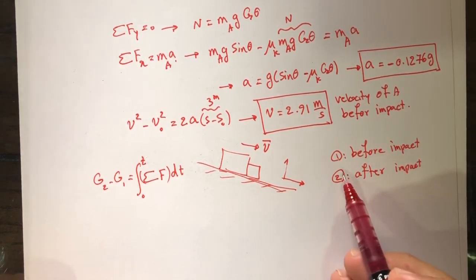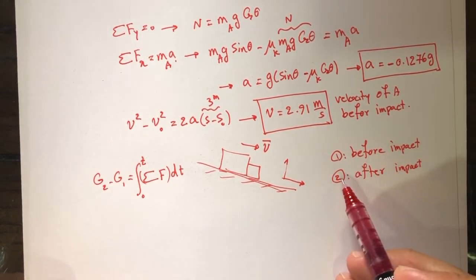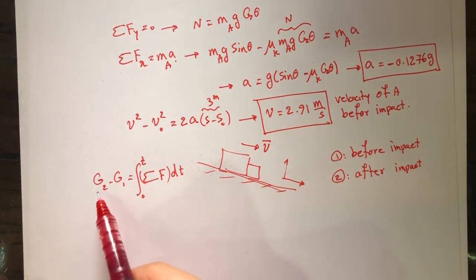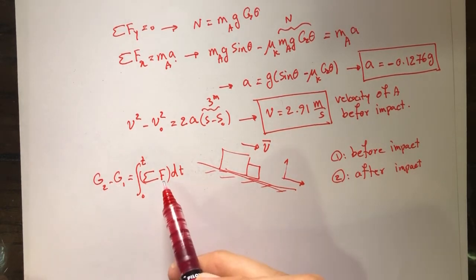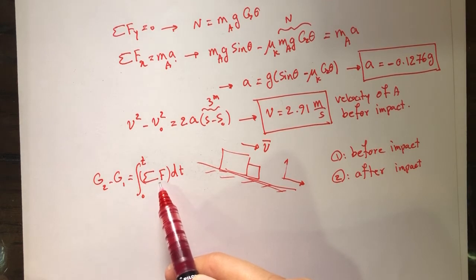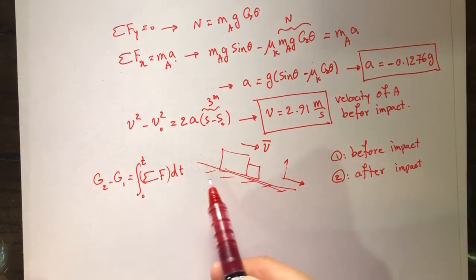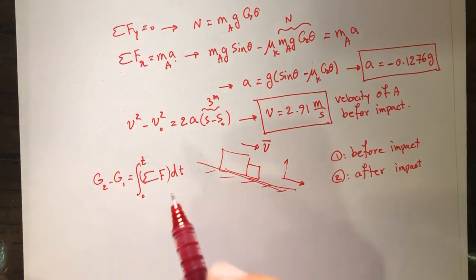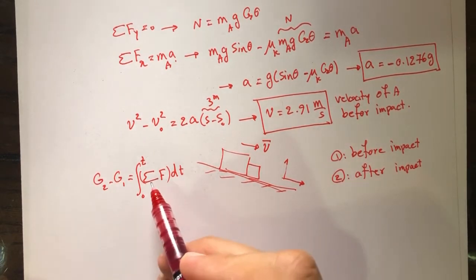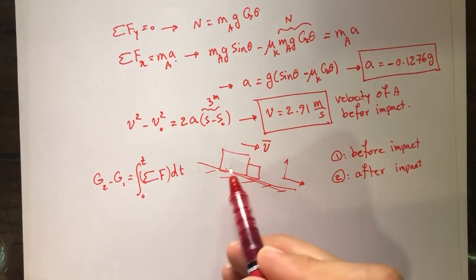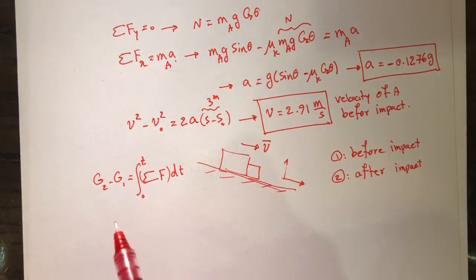If you look at this equation that we are writing between before impact and after impact in the x direction, we are going to have something here which is not equal to 0, right? Because we have the gravitational force in the x direction and also the friction force in the negative x direction. So the sum of the forces is not equal to 0. It's going to be a constant number.